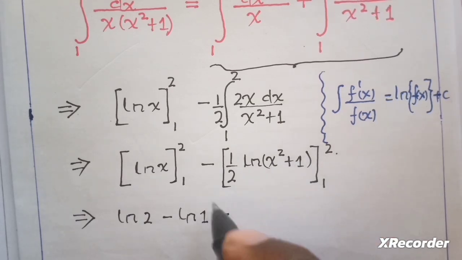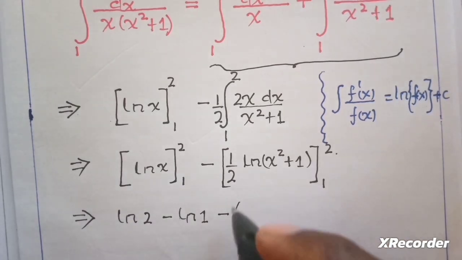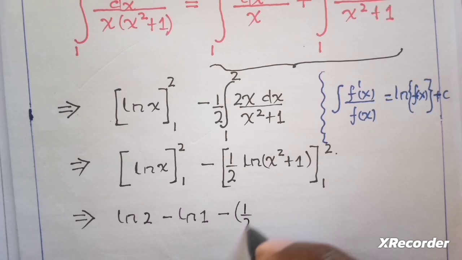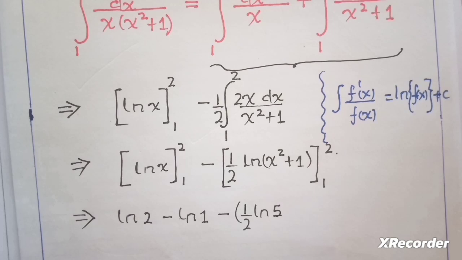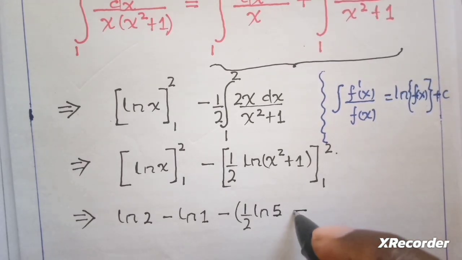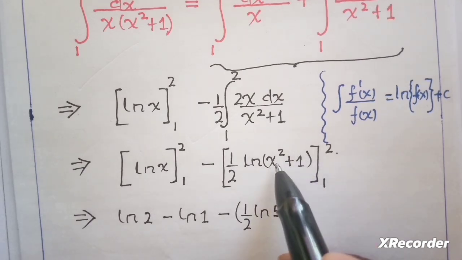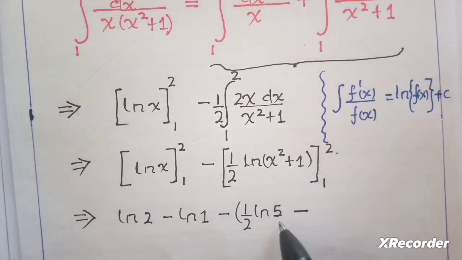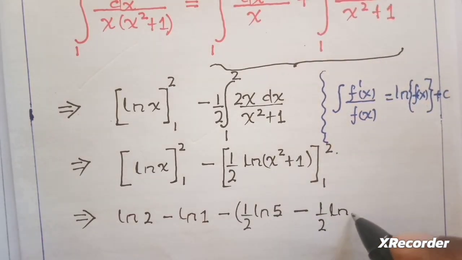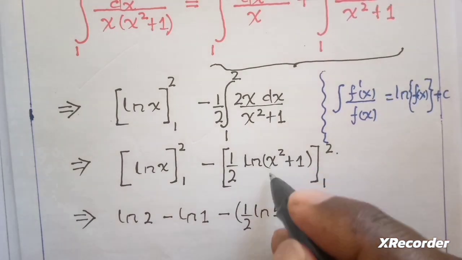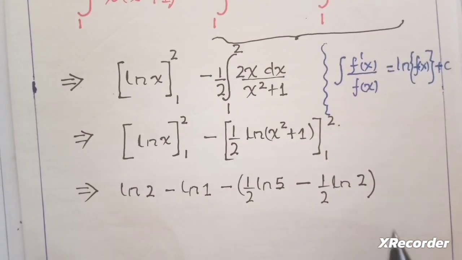It will be ln5, now minus, this minus is not this, it is actually after I have replaced the whole of this to be 2 times 2, 4 plus 1, 5, minus ln of 1 plus 1, that is 2, guys.